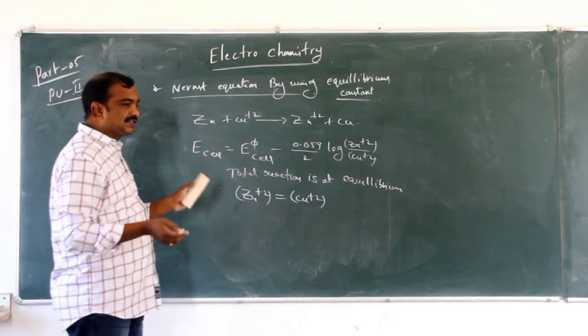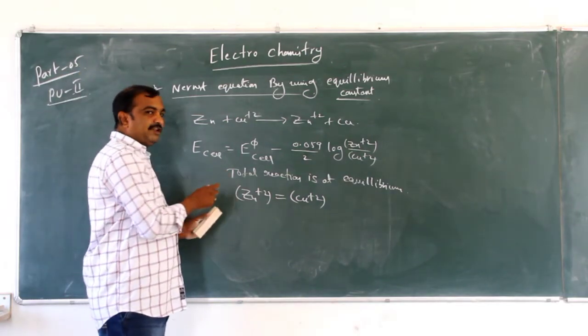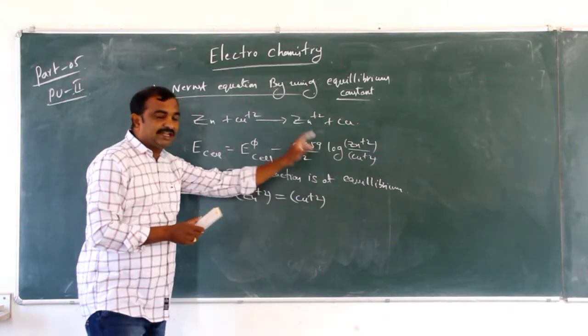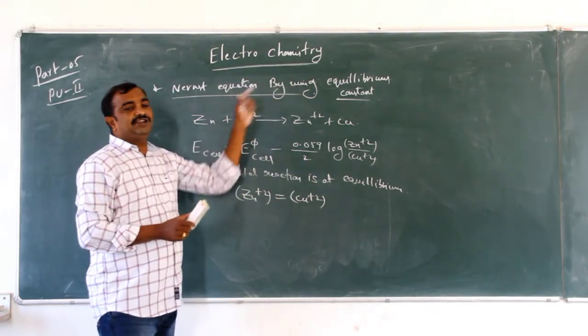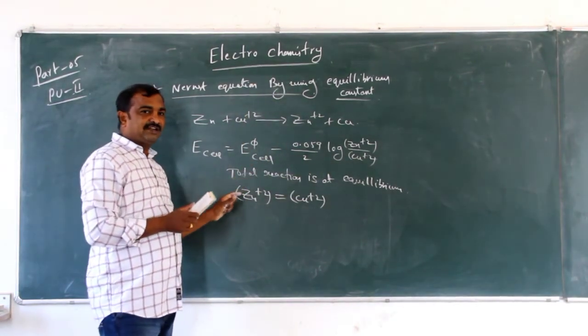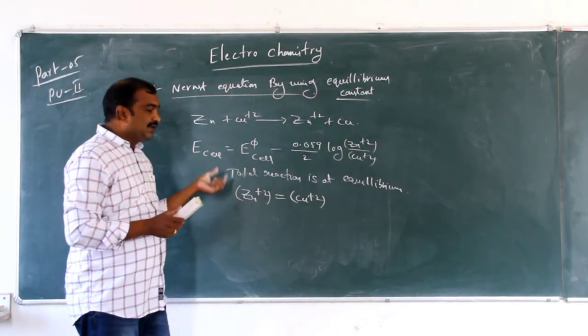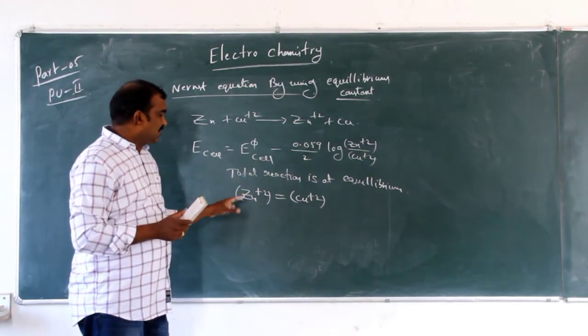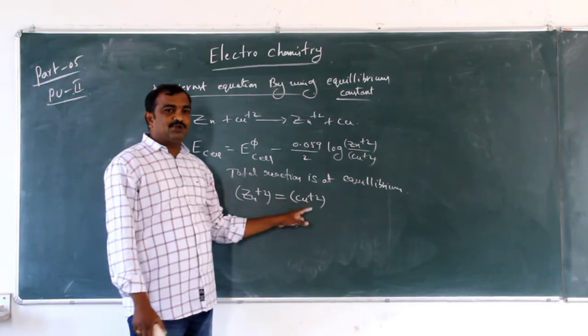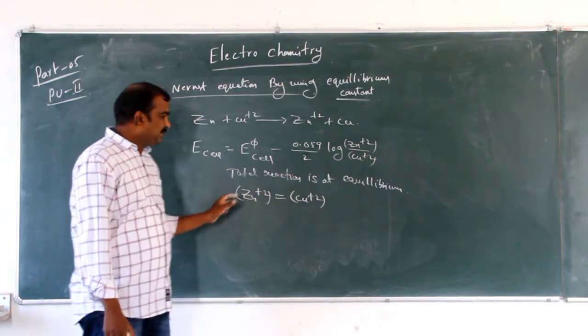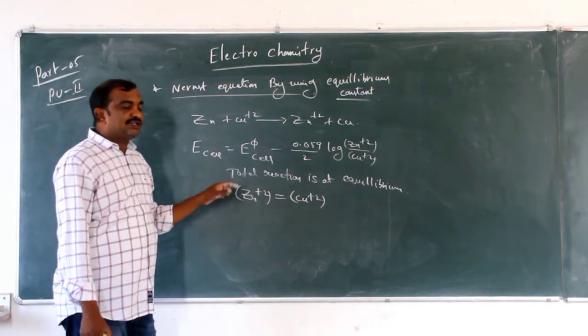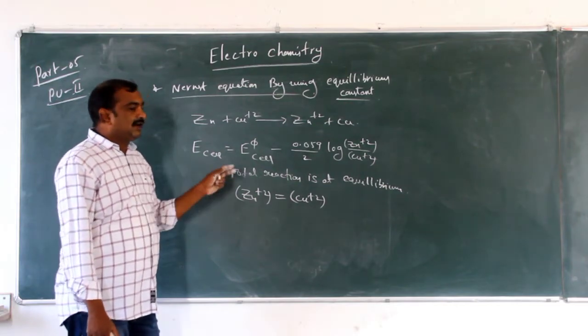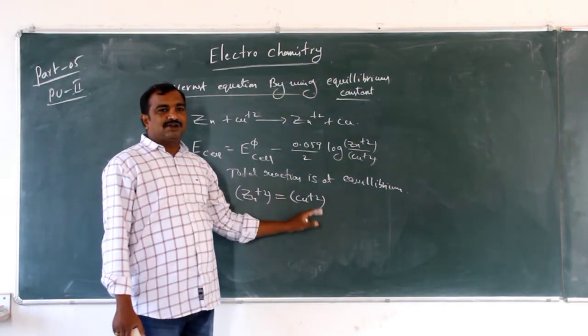This concept is very important. The total reaction is at equilibrium, then only we can calculate the equilibrium constant. So if the reaction is at equilibrium, Zn plus 2 concentration is equal to Cu plus 2 concentration. That means the concentration of zinc ions is equal to the concentration of copper ions.